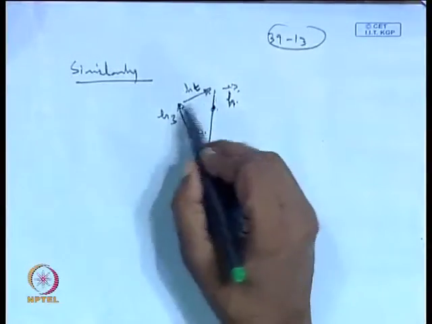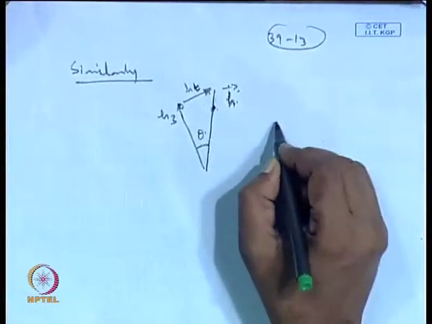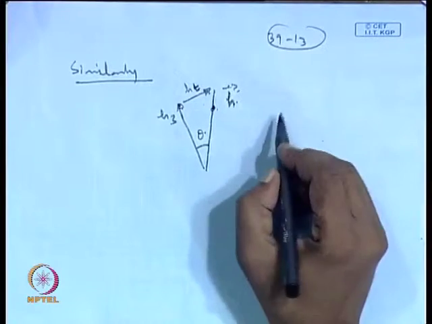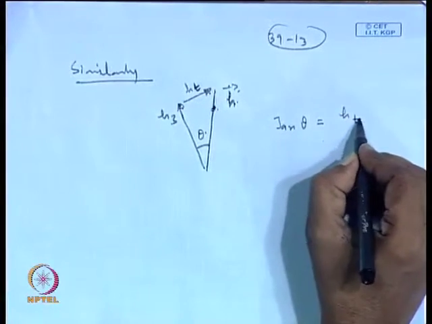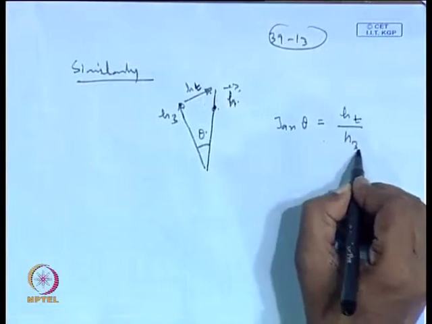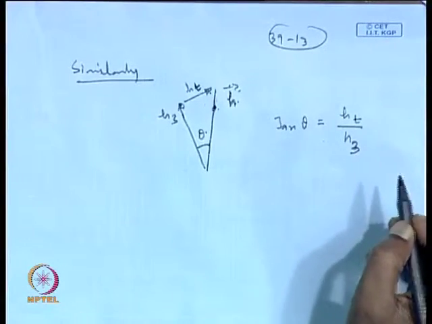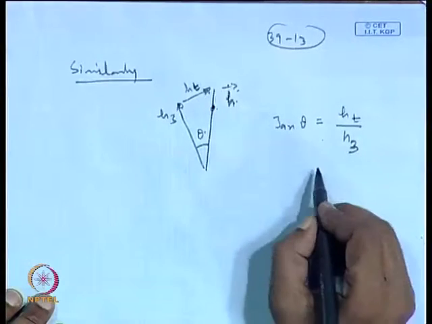Okay. So, that is why I told that this result is very important, and the whole structure is based on this. So, once it is written in this format, you can see from there that tan theta, this is nothing but h t by h 3. Okay.